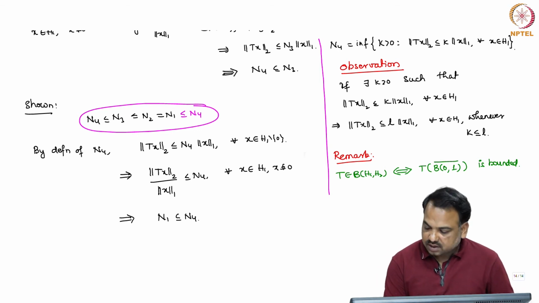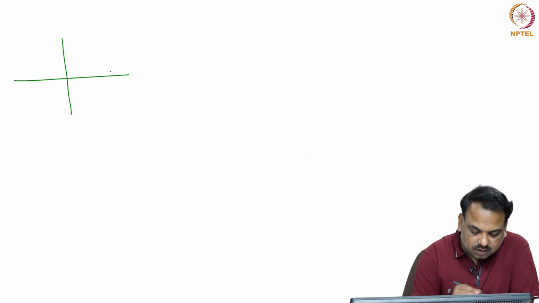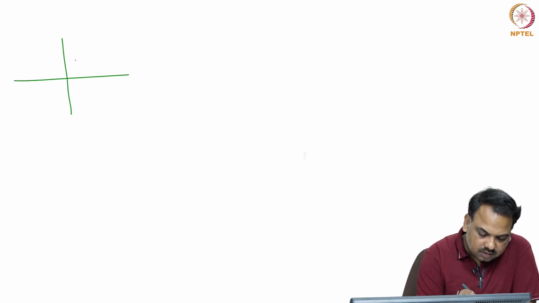Now with this, actually we can get a geometric interpretation for the norm of an operator. We can look at this in R2. Now look at the closed unit ball here.